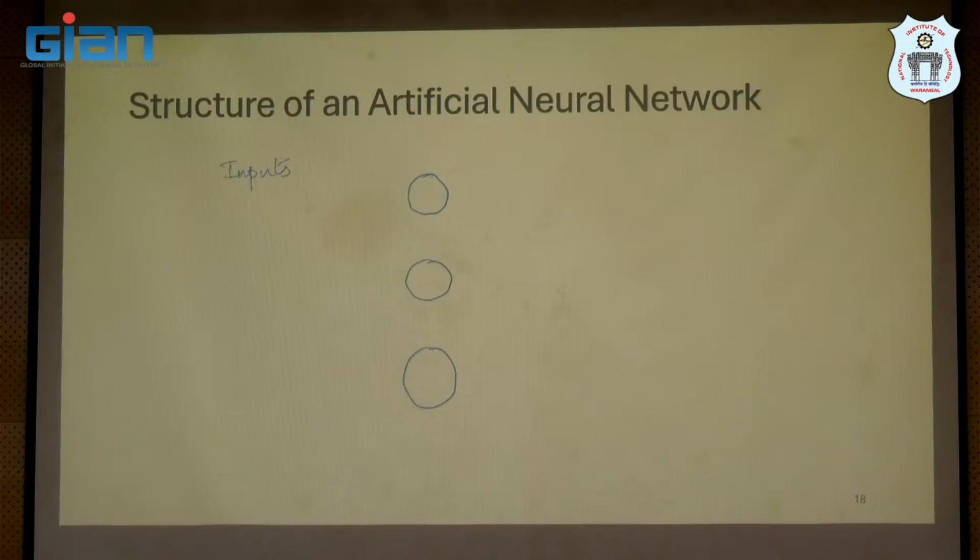I am indicating the input using a purple circle. So I have 5 inputs, x1, x2, x3, x4, x5. I have 3 neurons, and let us say I have 2 outputs.